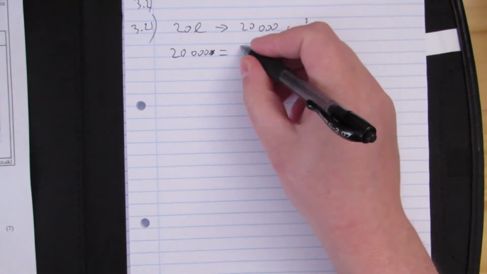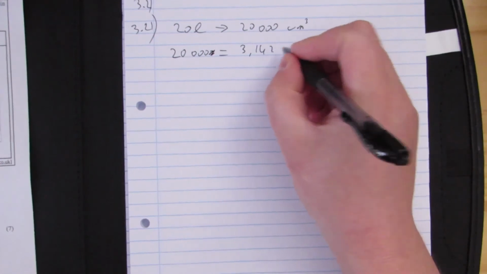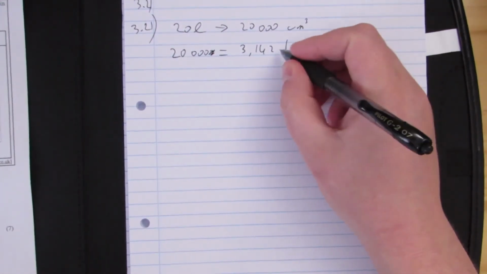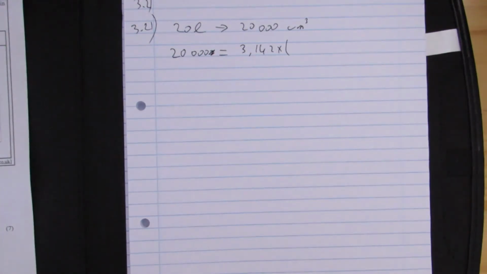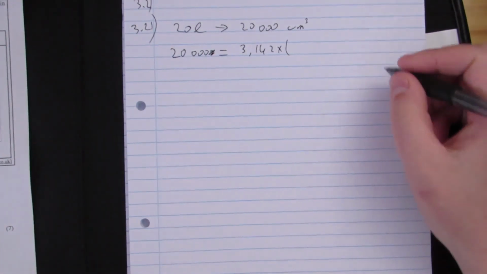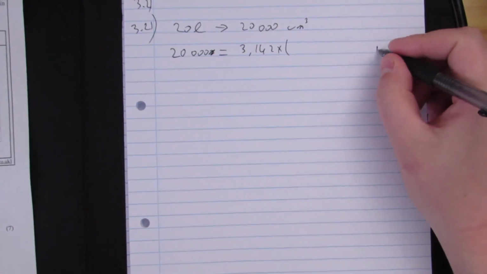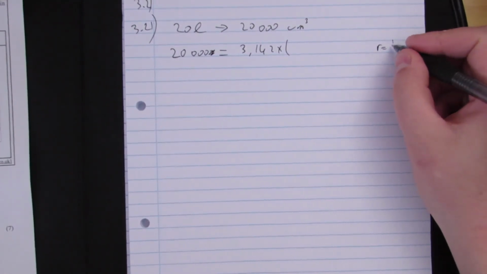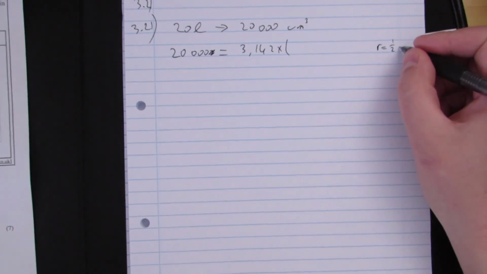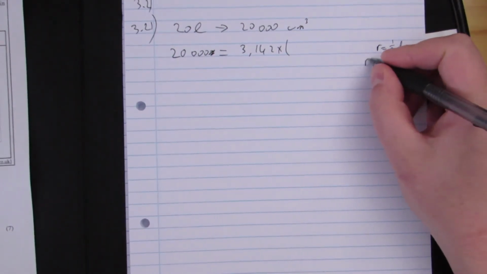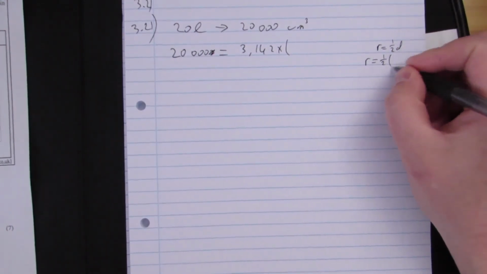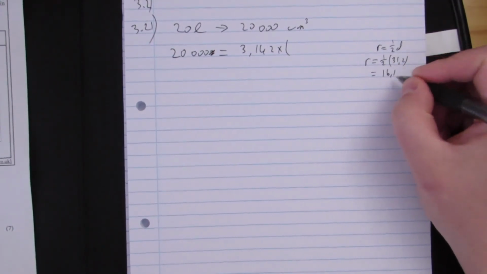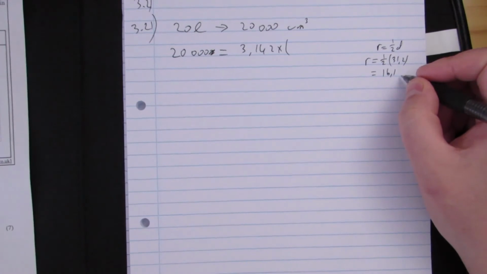Okay. My pi is given as 3.142. My radius, well, we need to work out quickly. So, just on the side, my radius is going to be half of my diameter. So my radius is equal to a half of 31.2, which is going to give me 15.6 centimeters.